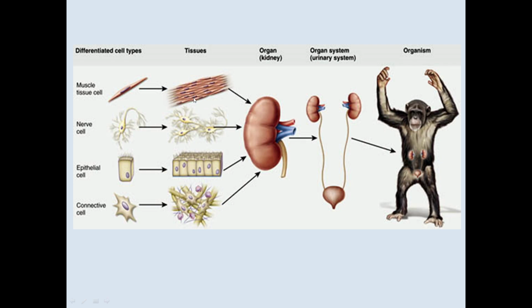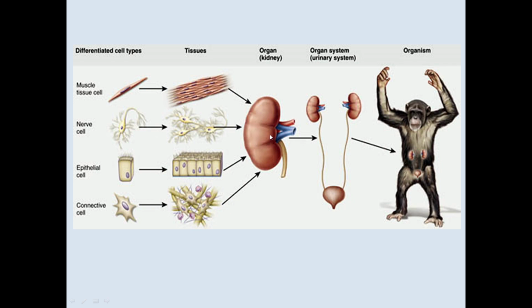By joining number of tissues like this, the muscle tissue, nervous tissue, epithelial tissue, connective tissue, it has formed an organ, here the kidney. Organ is formed by organizing number of tissues together.